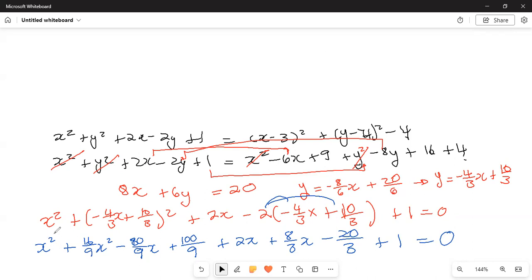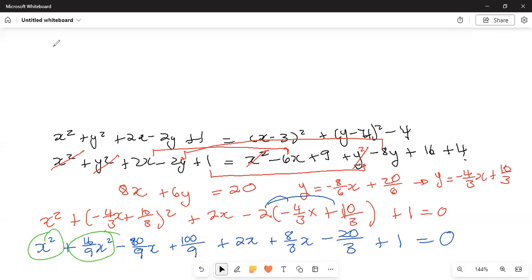Okay, then let's look for our like terms. We're going to add that to that, and that would give us 25 over 9 x squared. Then we're going to add this to that. We forgot to also add that, which will give us negative 38 over 9 x.